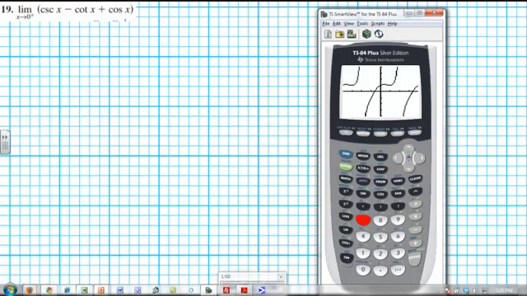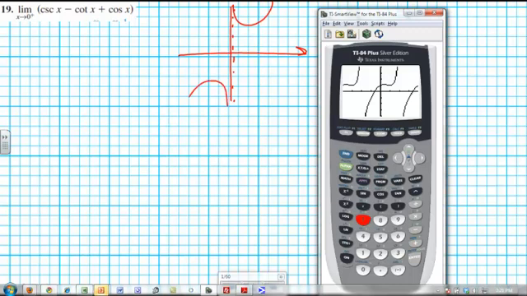Now, when I try to plug in 0 into cosecant, if I remember correctly, the graph of cosecant is actually undefined at 0 and has behavior like this and like that.